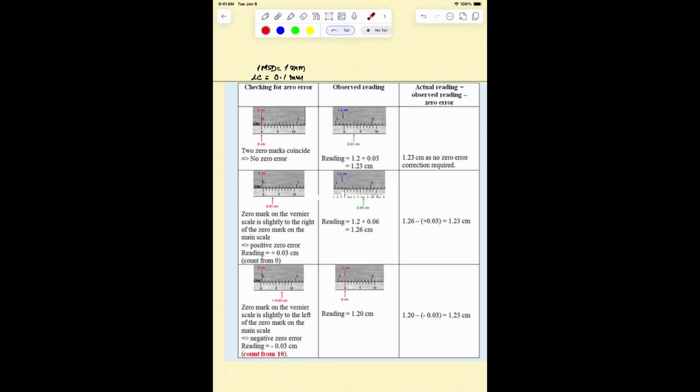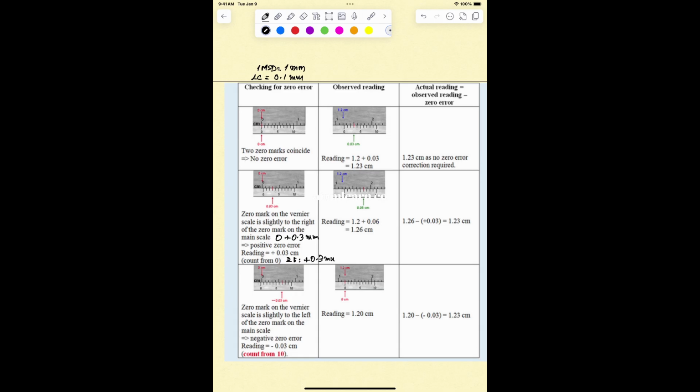Therefore, the zero error is 0 main scale reading plus the third division into least count. Therefore, 0.3 mm. The zero error in this case is positive, because it is coming after the zero of the main scale, plus 0.3 mm.